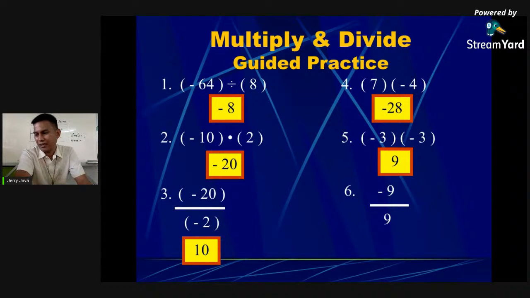Negative 9 divided by 9. 30 seconds. Type in your answer, kids.